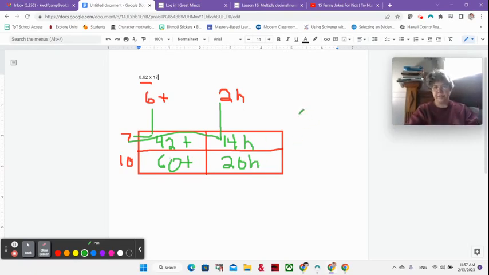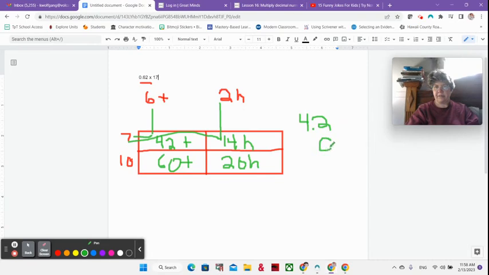So 42 tenths, remember we name it after the last digit. So the 2 is in the 10th place. That puts the 4 in the 1's place. Okay, if you're having trouble understanding that, please ask, because I would love to explain it to you in person. And then 60 tenths, right?